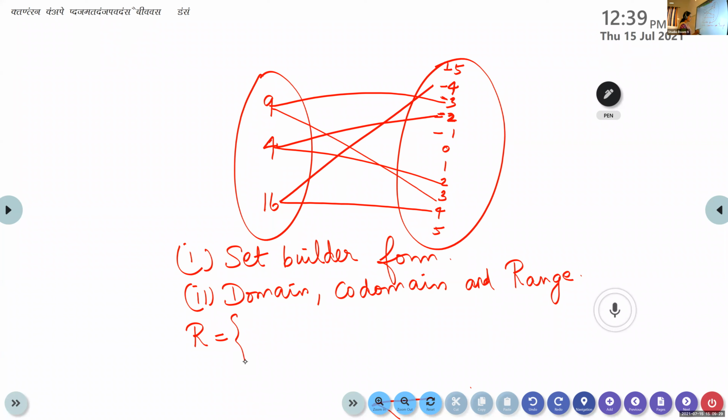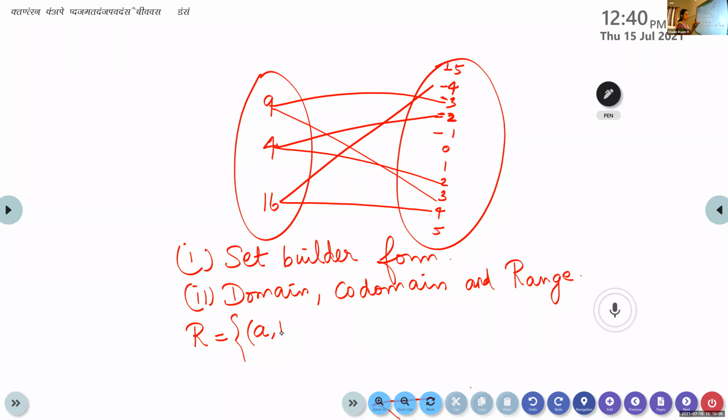Fahis, what is the relation? Jewel, give the answer. 4, 2; 4, negative 2; 9, 3; 9, negative 3; 16, 4; 16, negative 4.